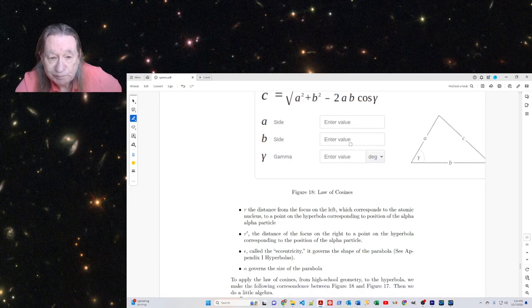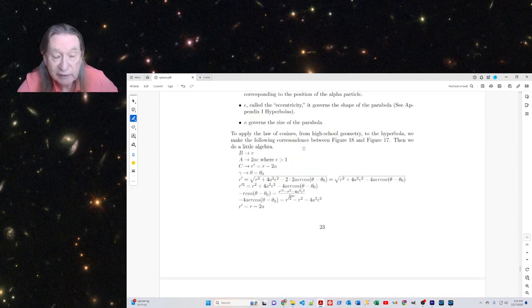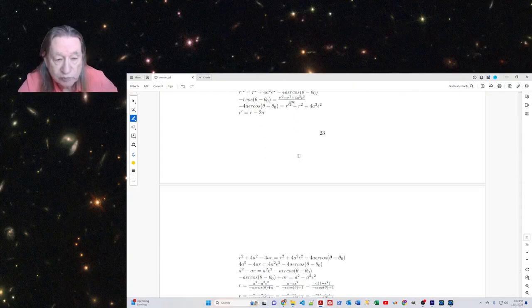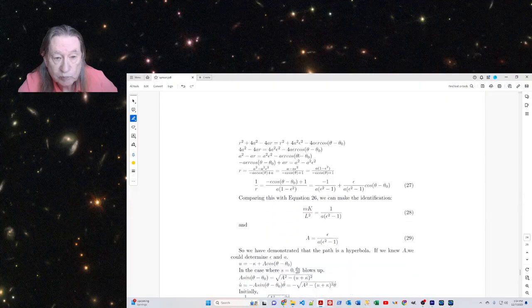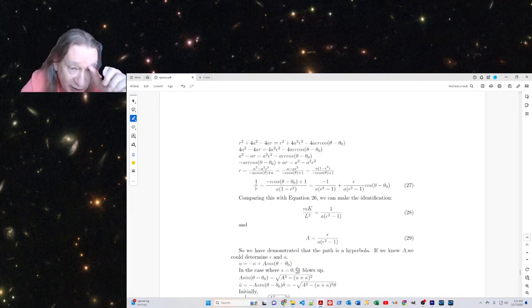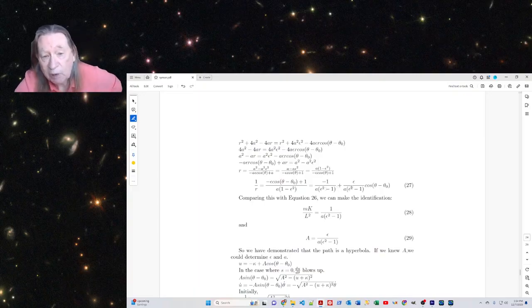If you apply that to the triangle I just showed you, you can show that 1 over r, that's u, the inverse radius, is equal to a constant, a negative constant, plus a multiple of the cosine function.